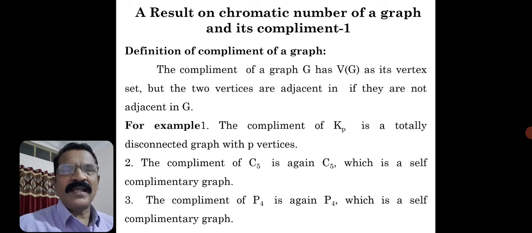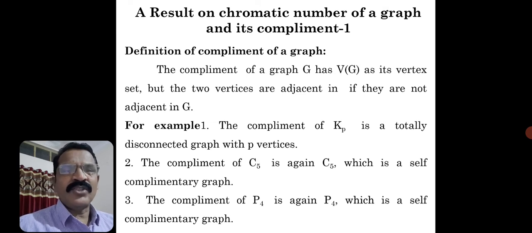The outside is a cycle on the same vertices, and inside you will get a cycle type. Again, if you redraw, you will get C5. It implies the complement of C5 is isomorphic to C5, so it is called a self-complementary graph. So C5 is a self-complementary graph because C5 and its complement are isomorphic to each other.